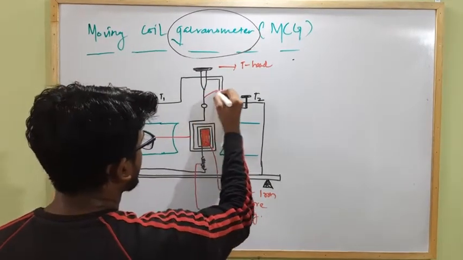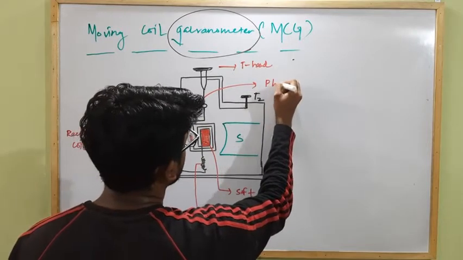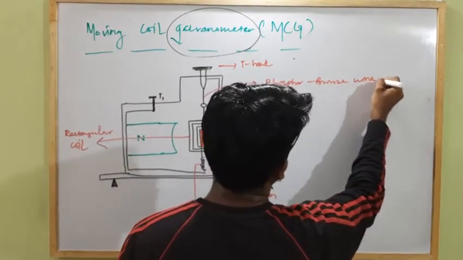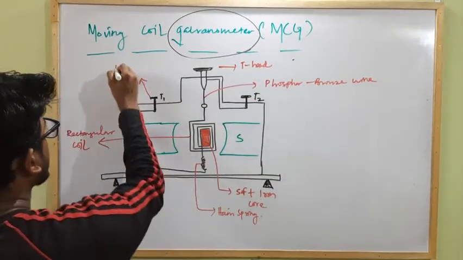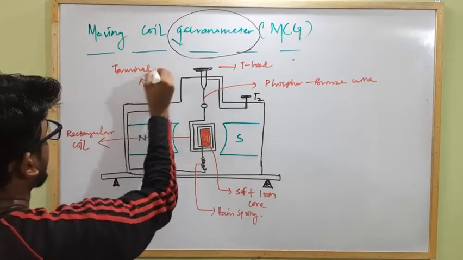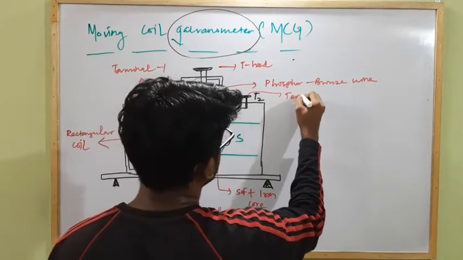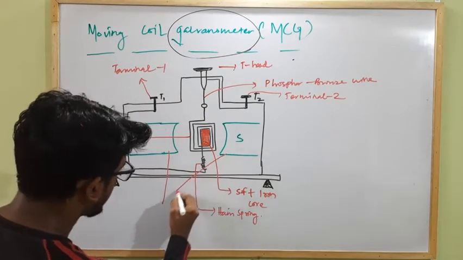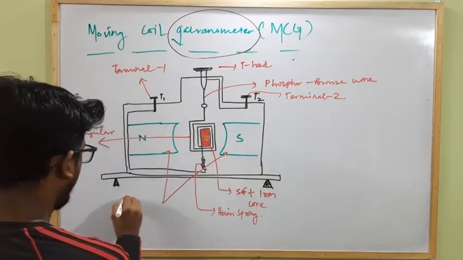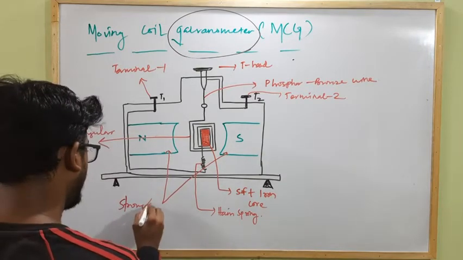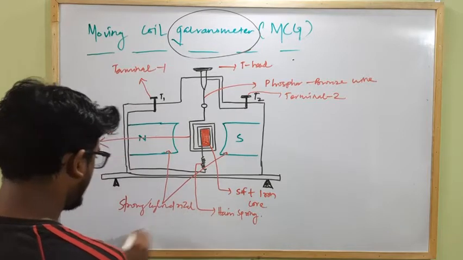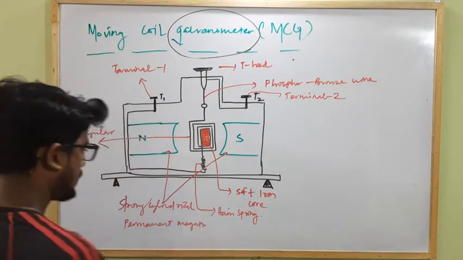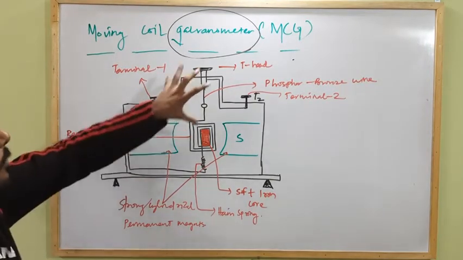This connecting wire is a phosphor bronze wire, and these are the two terminals of the galvanometer, terminal 1 and terminal 2, and these two are strong cylindrical permanent magnets. So this is the diagram of a moving coil galvanometer.